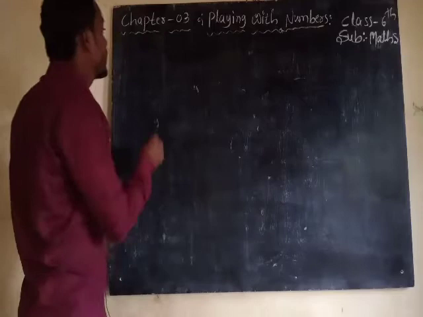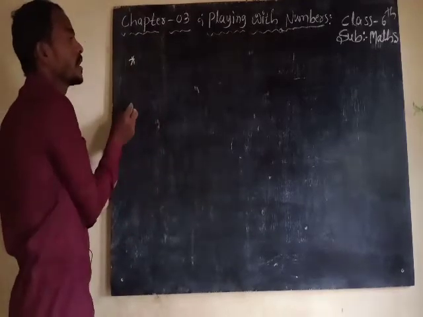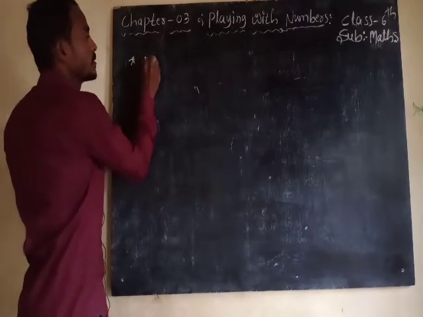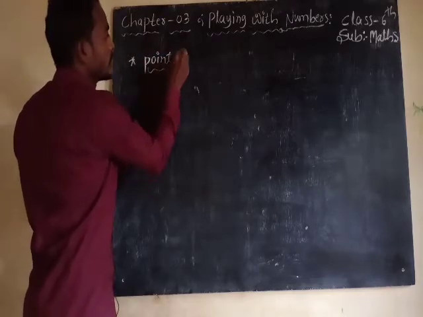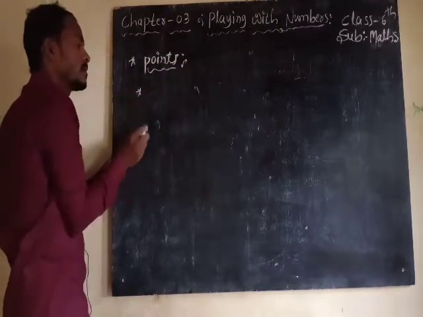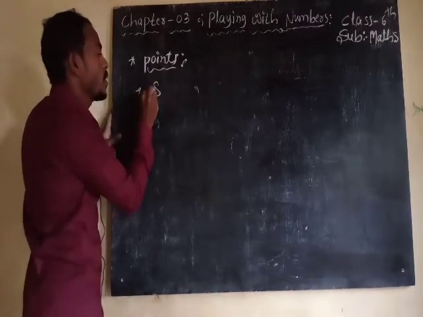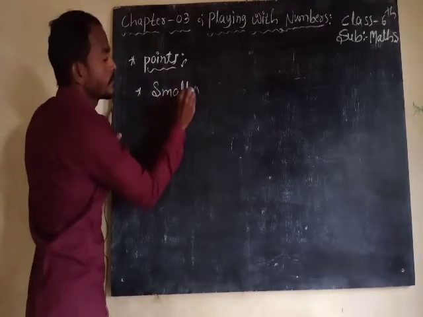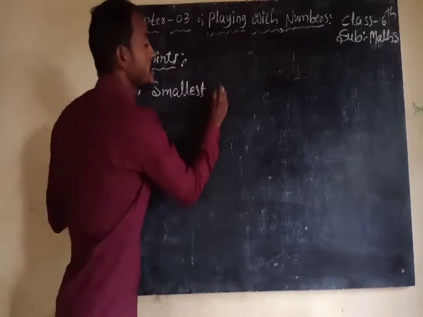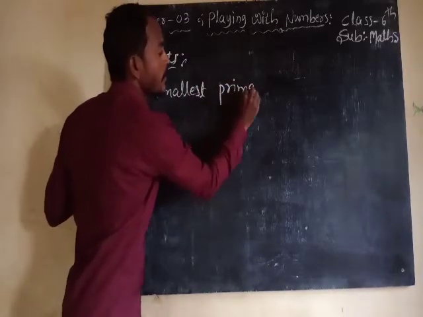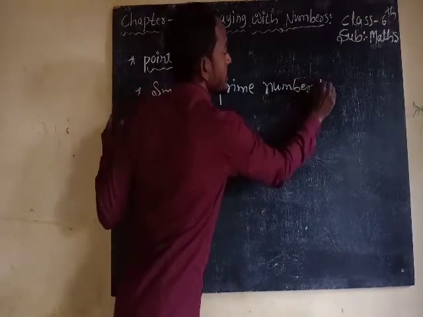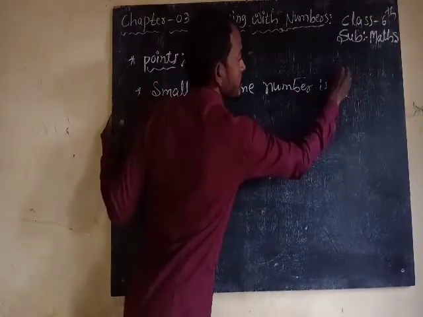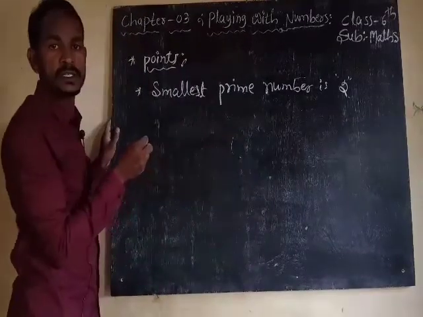Points for prime numbers are important points. The first one: the smallest prime number is 2.